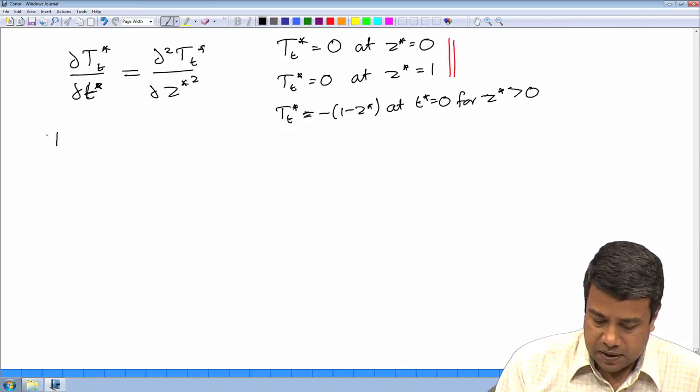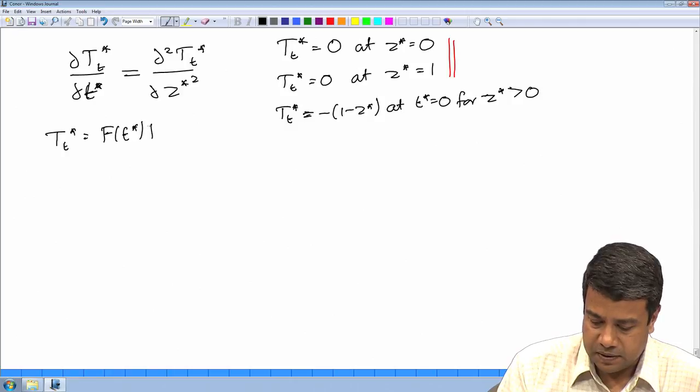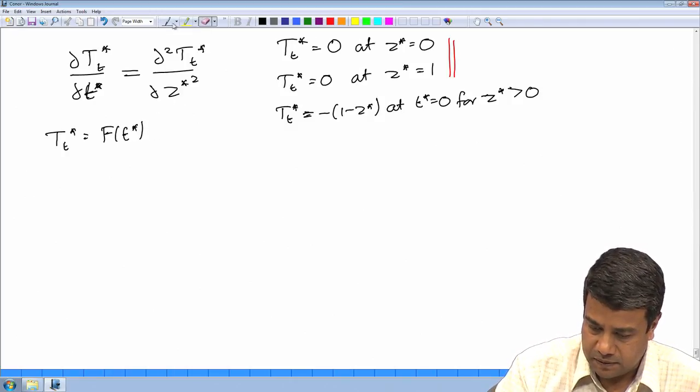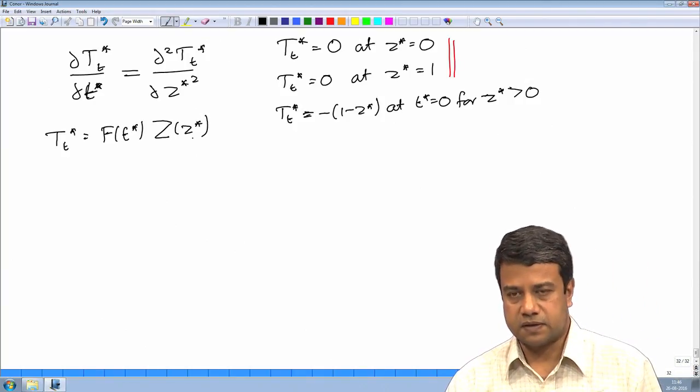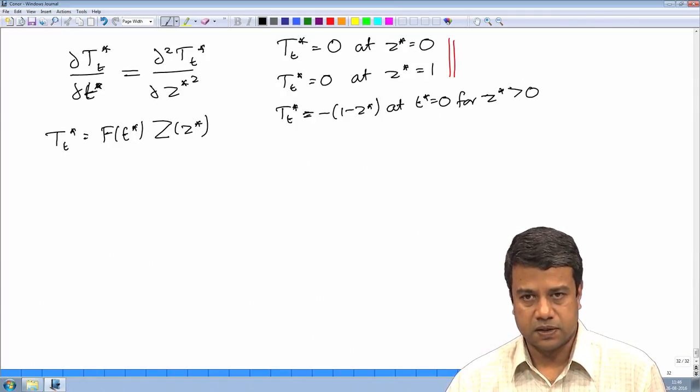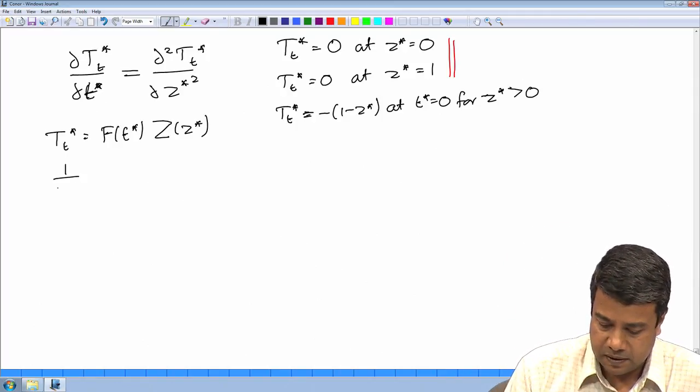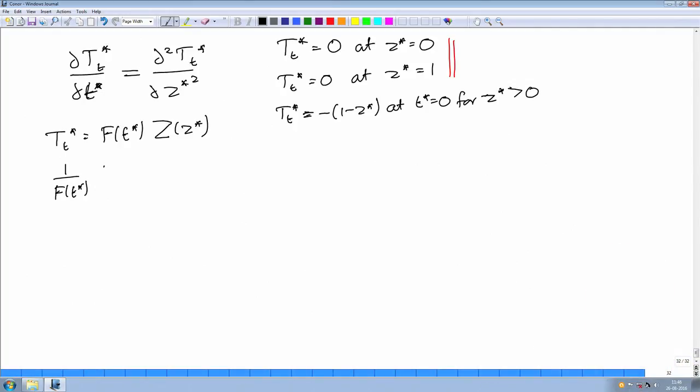The way we had solved it was to write T transient as some function of t times some function of z. We had written it as a function of t and a function of z, and using separation of variables we got an equation of the form 1 by f of t df by dt equals 1 by Z of z d square Z by dz square.